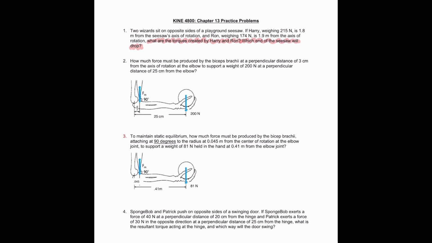Harry's force is 215 newtons and his distance is 1.8 meters. Same thing with Ron, his force is 174 newtons and his distance is 1.9. So we're already given everything we need to find their torques.